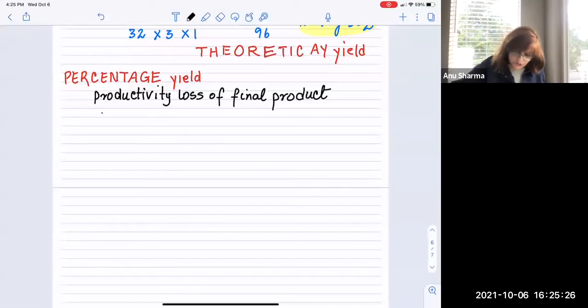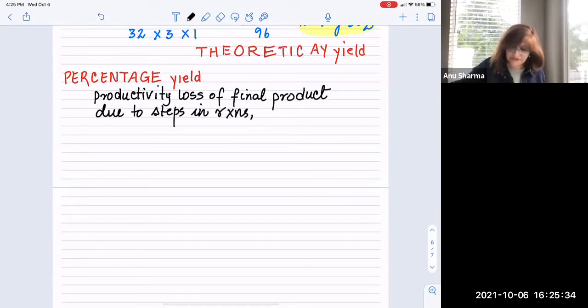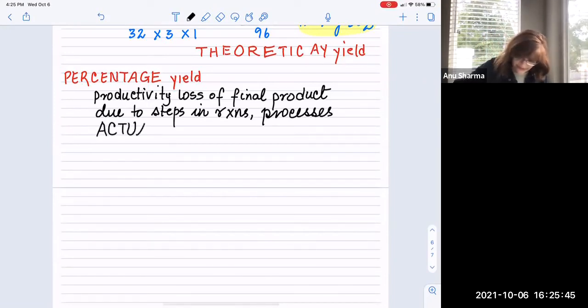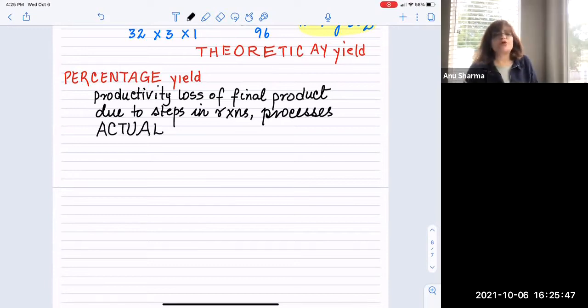Due to steps in reactions, different processes and so forth, you lose product. The actual yield is what you get in your hand after you have finished all the steps.